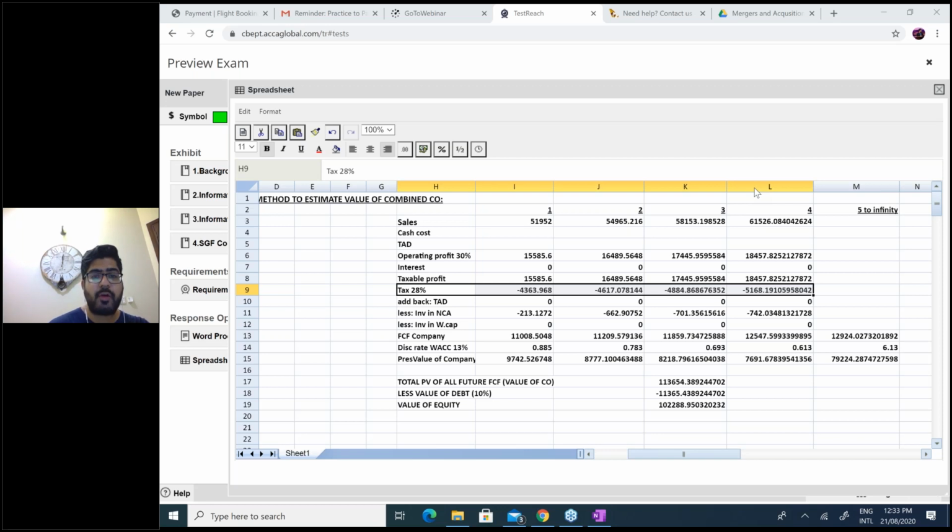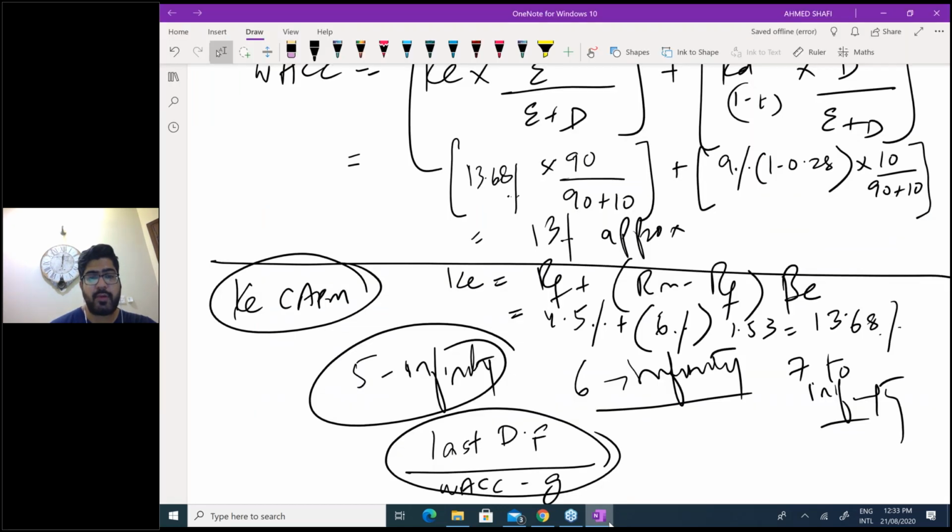I wrote the formula: last discount factor, that is year 4, over WACC 13% minus growth rate 3%. Maybe I wrote it here as well: last discount factor over WACC minus growth.